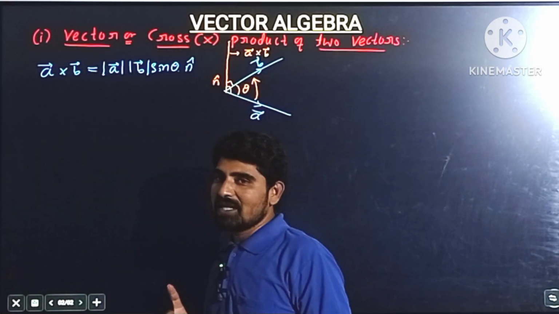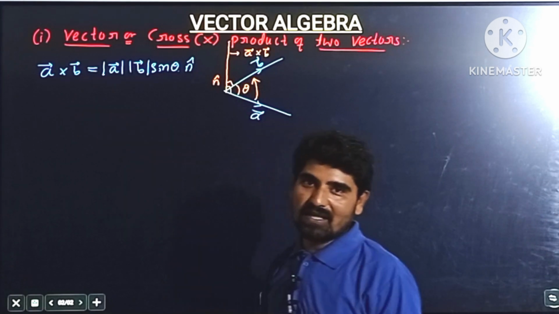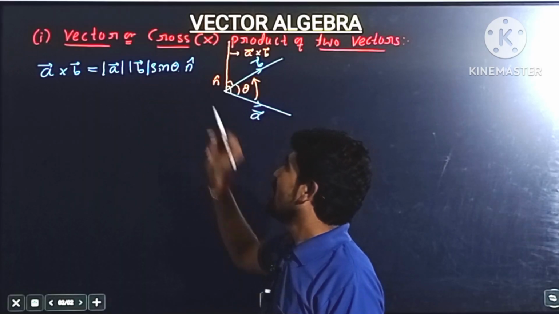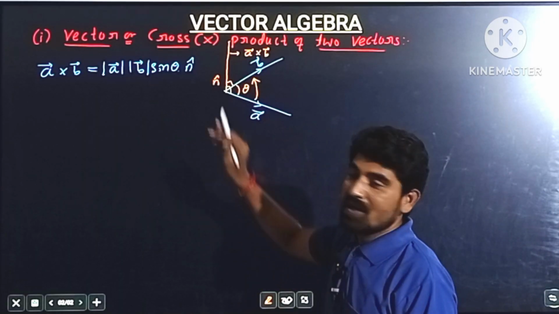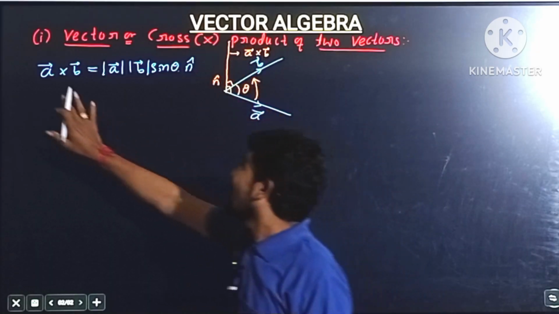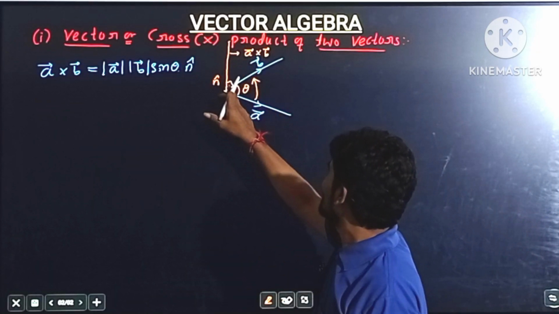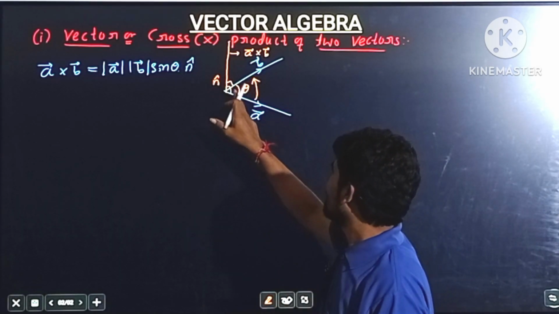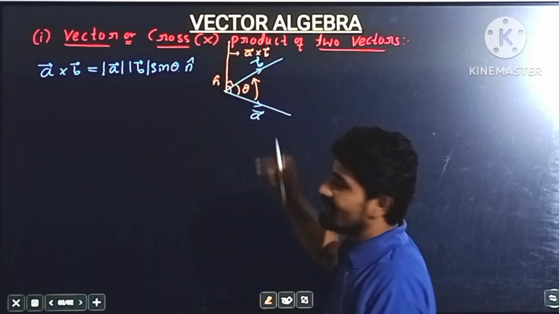Cross product of two vectors a and b is denoted by a vector cross b vector, and it is defined by magnitude of a vector into magnitude of b vector into sine theta into n cap, where n cap is the unit vector along a vector cross b vector and which is perpendicular to both a vector and b vector.